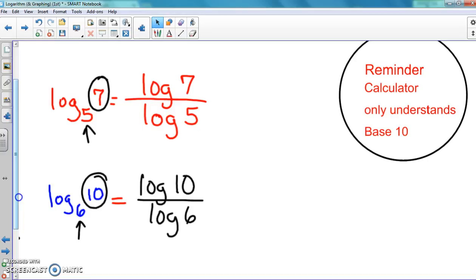And just because it happens that the biggest number is on top right now doesn't mean that the big number is always going to be on top. So don't put that in your head and say, well, he only did the big number on top, so it's always going to be the big number on top. That's a lie. It all depends on how it's set up. It works the exact same way each time. It's always the log of the number up top.